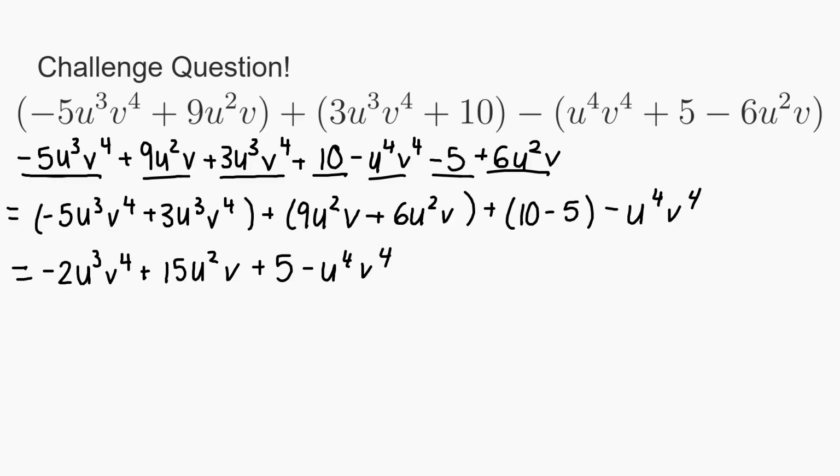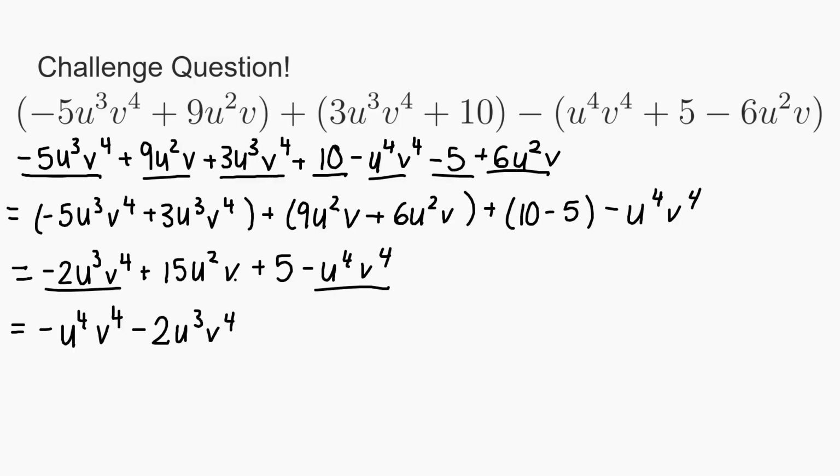Now we just want to make sure that the exponents are counting downwards. This has a degree of 7, degree of 3, degree of 0, and degree of 8. This one goes first. This gives us negative u^4v^4. That one's accounted for. And then we have this one, which is degree 7, minus 2u^3v^4.